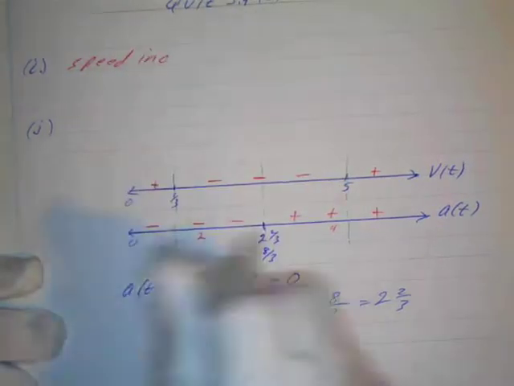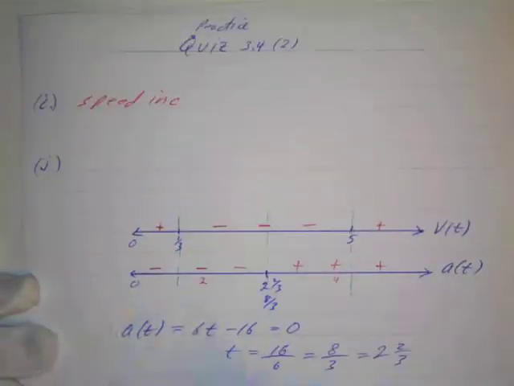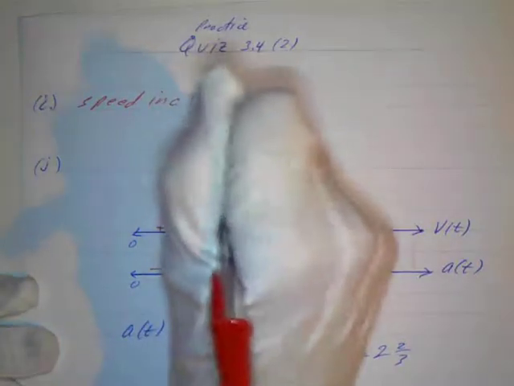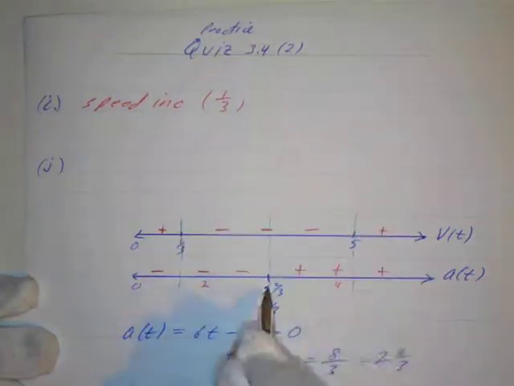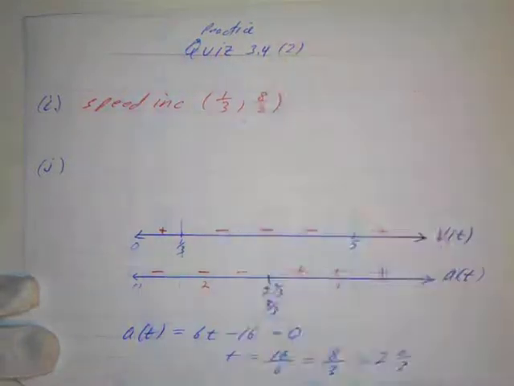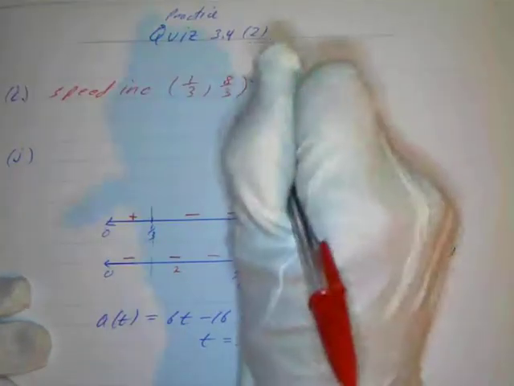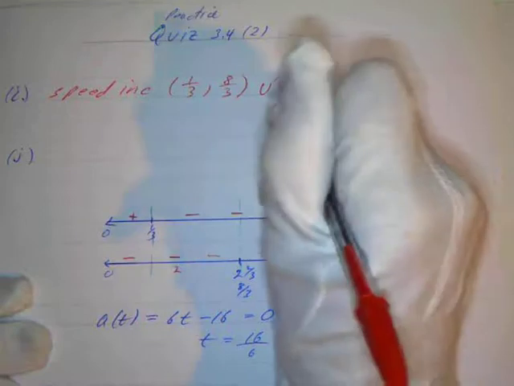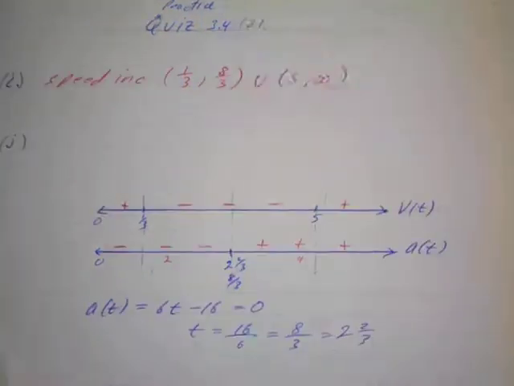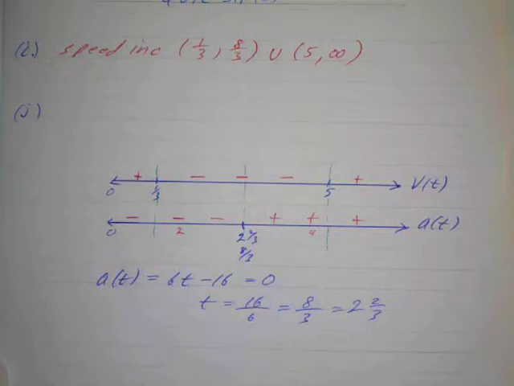So it's increasing, and I'm going to go from 1/3 to 8/3. And then it's also increasing, so I can put a union here, from 5 to infinity. So it's real easy if you draw that little graph there.